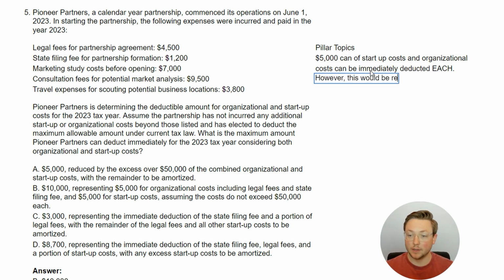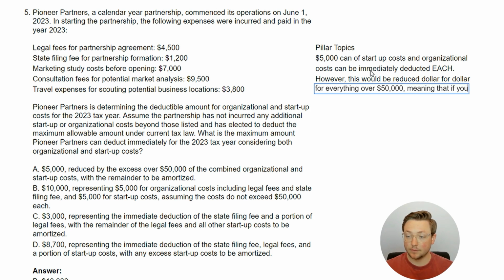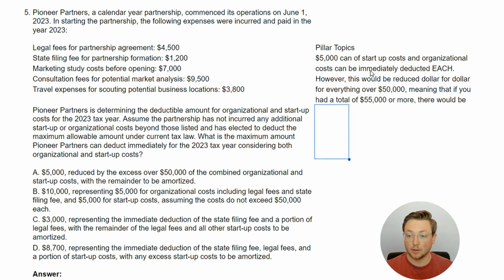However, this would be reduced dollar for dollar for everything over $50,000, meaning that if you had a total of $55,000 or more, there would be no immediate deduction. Oh, that's all right. We'll fix that. There we go. Okay. And then, so that was dealing with the startup costs and the organizational costs.